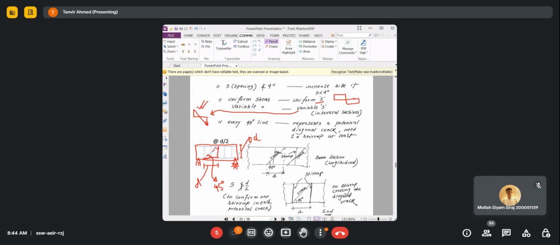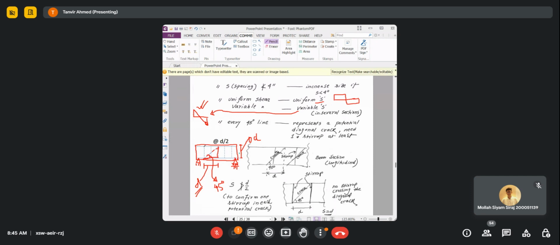In that case, to bind this crack, or in other words, to hold this crack, you need at least one stirrup in a distance of d, at least one stirrup.